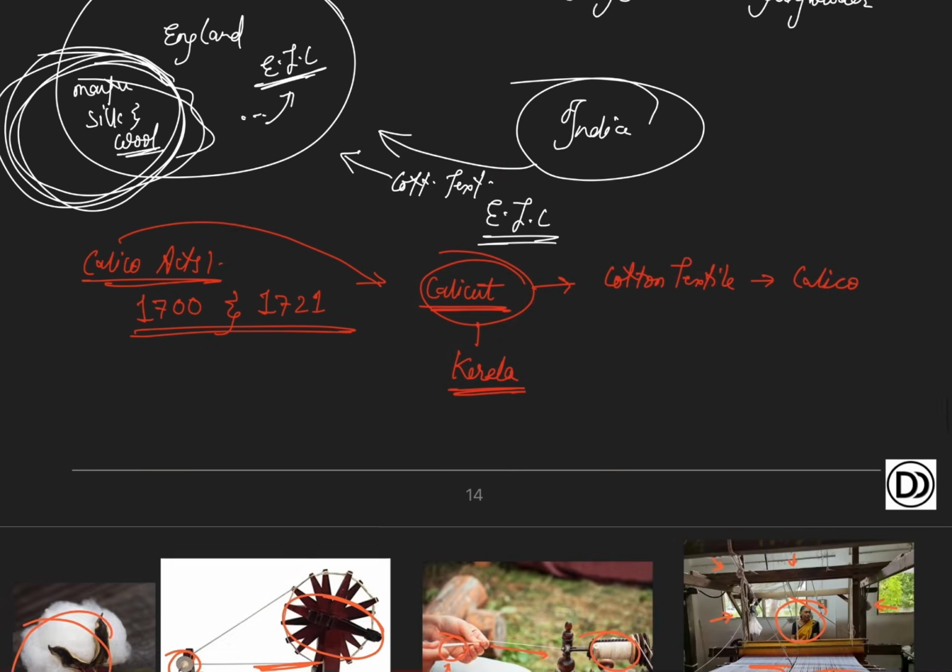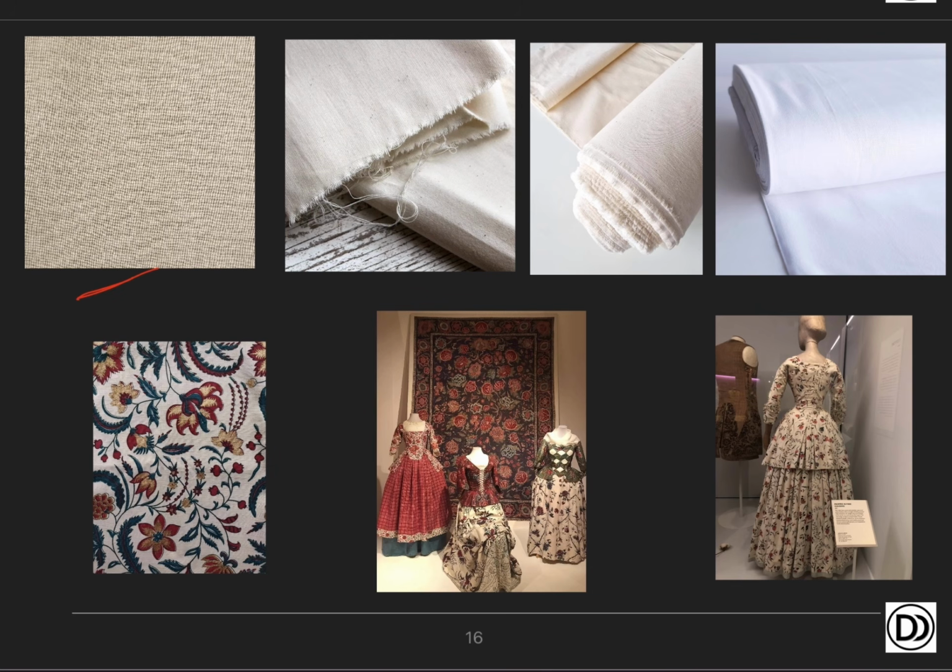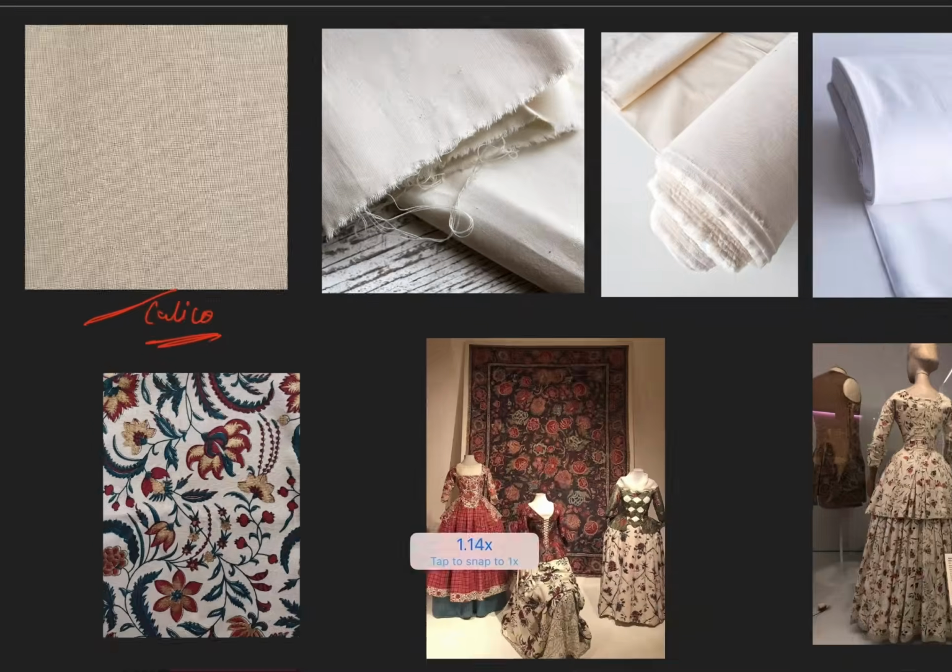Let me show you. Now this is Calico. You can see the texture is rough. It is unbleached. It is rough texture, a little dull color, dull in color.